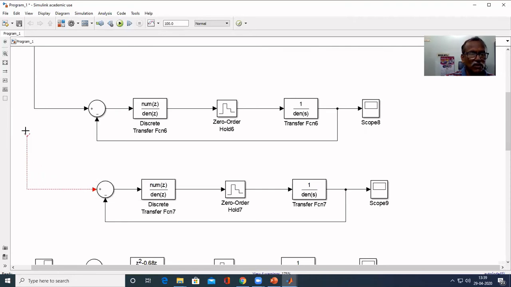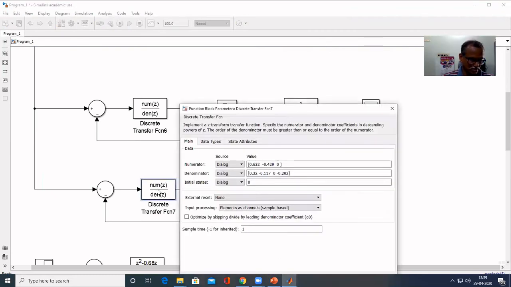And one more simulation is here. Here also this can be given from here, and we have to check the controller for mu equal to 1. The numerator is 0.32 z square minus 0.429 z, and the constant term is 0.